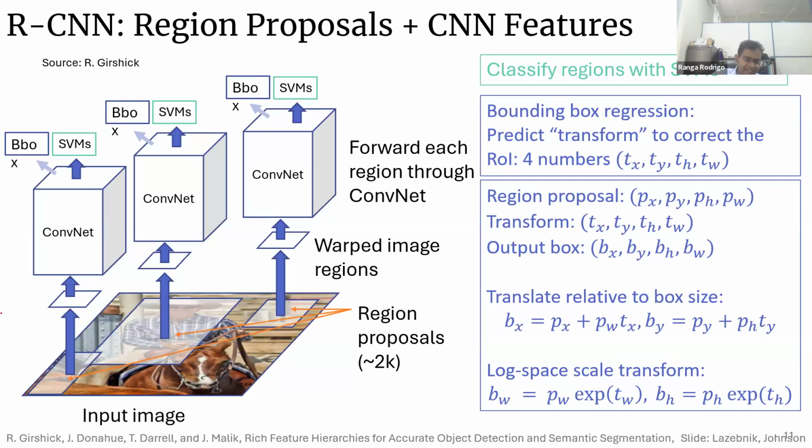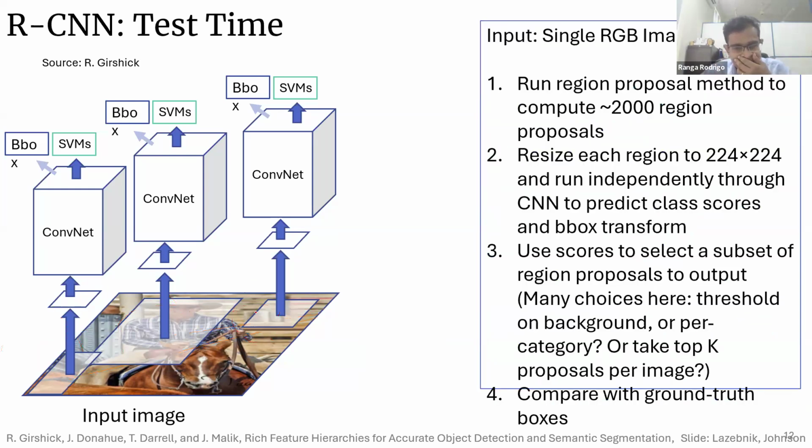The problem with R-CNN is that for each of these 2000 locations, and I have shown only three here, but there can be 2000 of them, you have to run them through the convolutional neural network. So for each image, you have to run 2000 convolutional neural networks. This is very expensive.